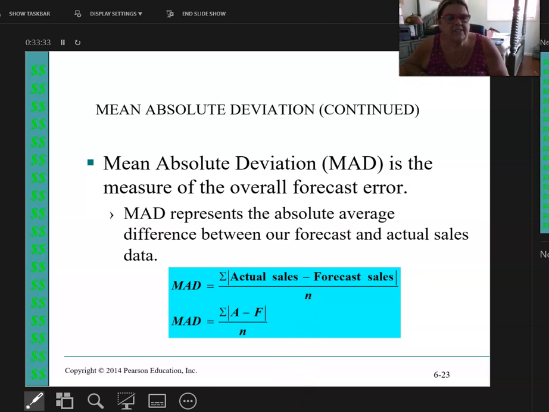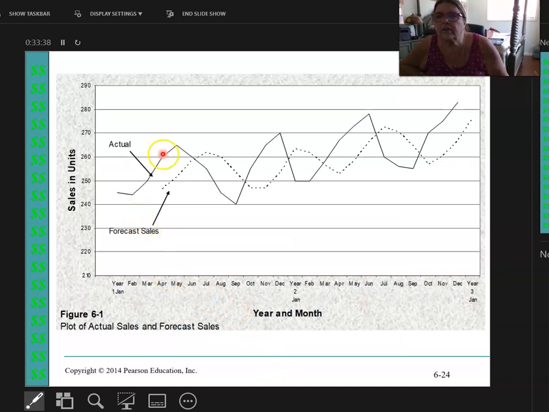And so here, if we were looking at a chart, the solid line is my actual, the dotted line is my forecast. And it looks like I'm looking at a 3-year period right now, okay? We use these graphs in real life. Your Excel can do all these graphs and charts.